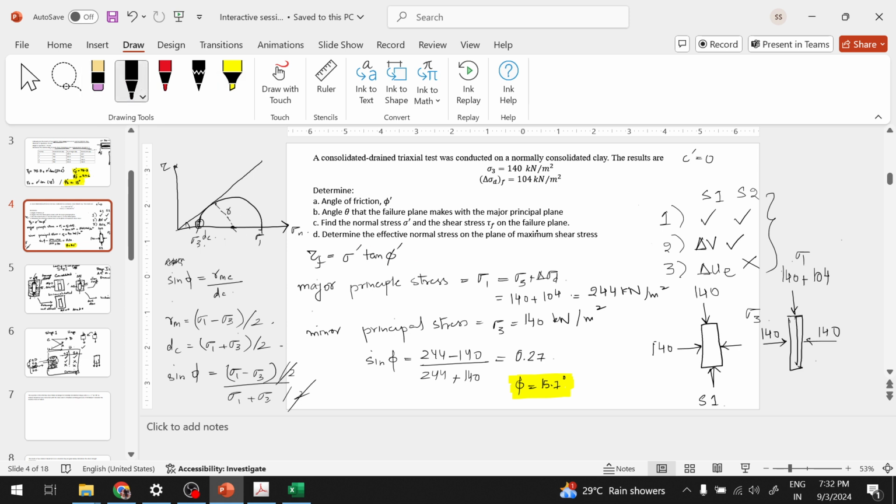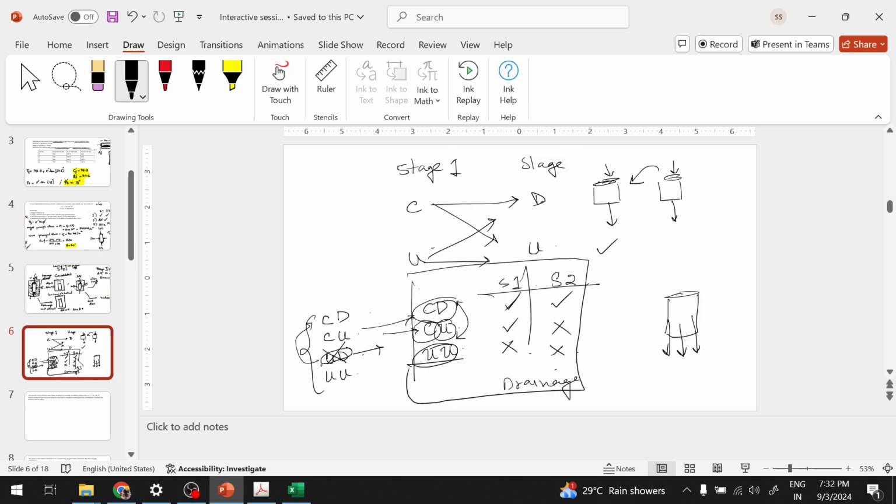Another thing that we should have discussed was effective and total stress envelopes. When we have undrained condition, the results that we will obtain are for total stress.